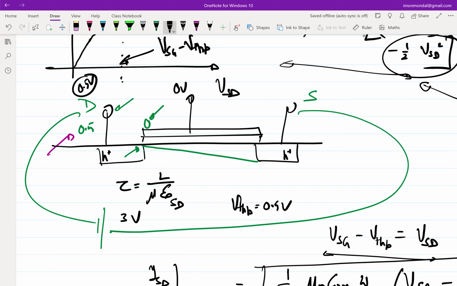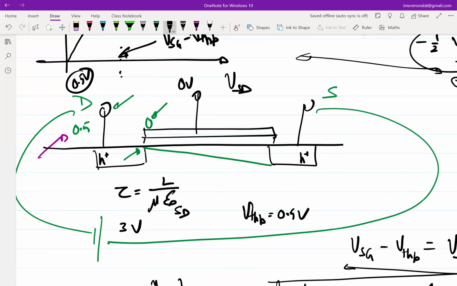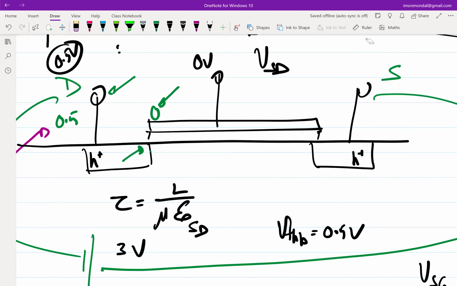That's where the effect of these immobile charges comes in. Because you have some immobile charges, even if there is a small change of this triangular distribution, you will have some region where you are going to have only immobile charges.